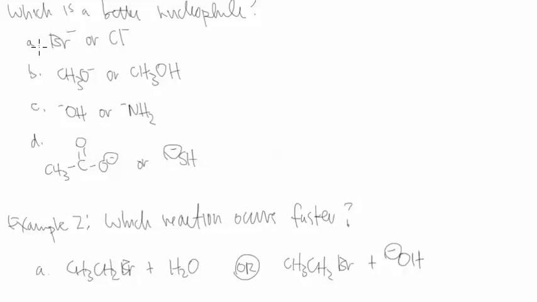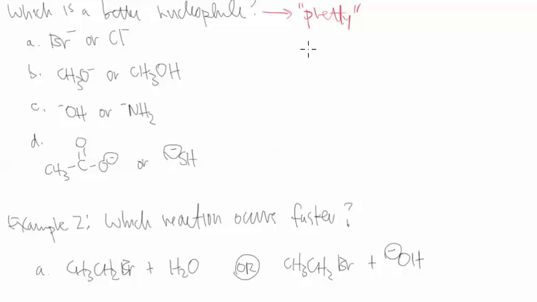So which is a better nucleophile? And let's take a look at A first. It says, is bromo a better nucleophile or is chloro a better nucleophile? We have to make sure that we're on the same page when we take a look at nucleophile. Which one is the better nucleophile? This AKA means pretty.